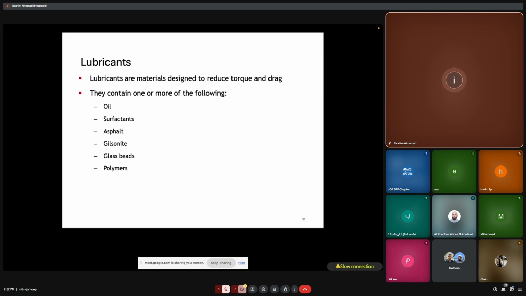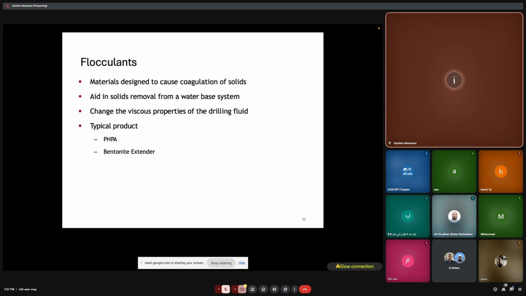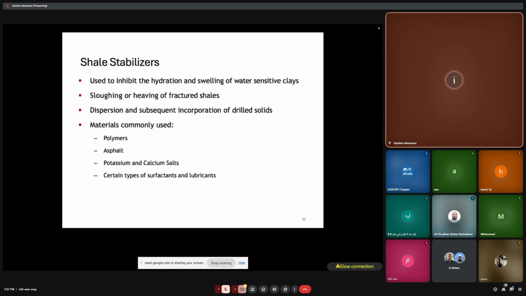You have lubrication. This enhances the features of water-based mud. It will help with lowering the torque. Fluctuating, same thing. BHBA and bentonite extender. You have shale stabilizer.